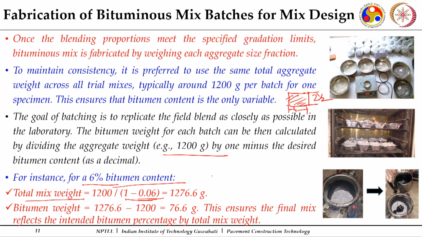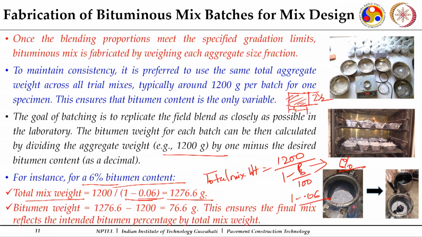So, your total mix weight will be 1200 divided by 1 minus PB by 100. PB is your percentage of binder. So, here I took 6% of binder. So, this particular one became 0.94. So, I got the mix weight as 1276.